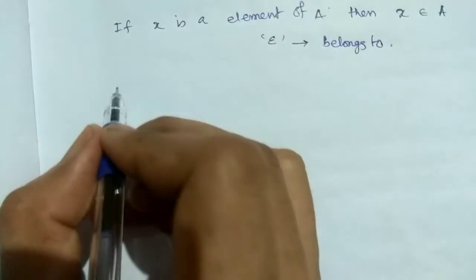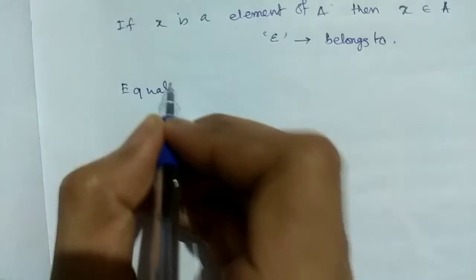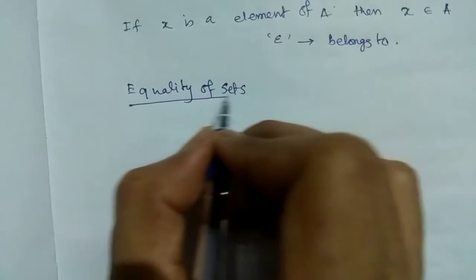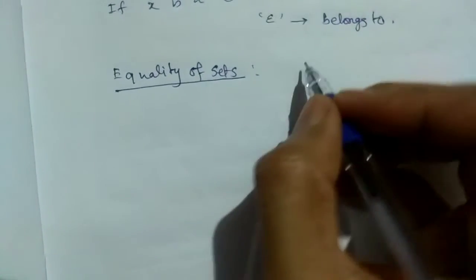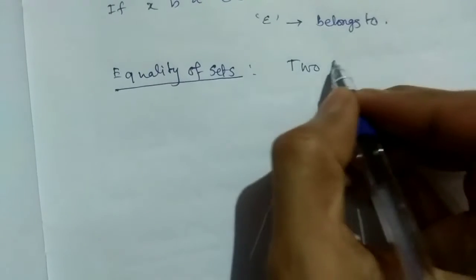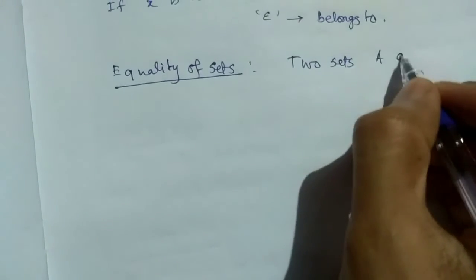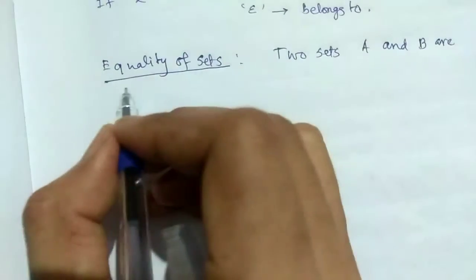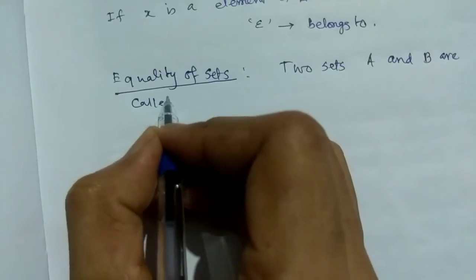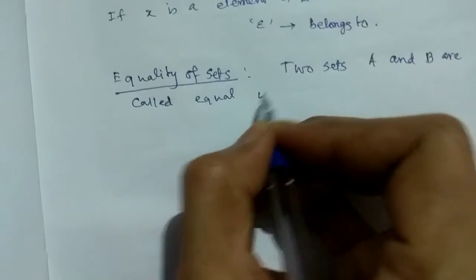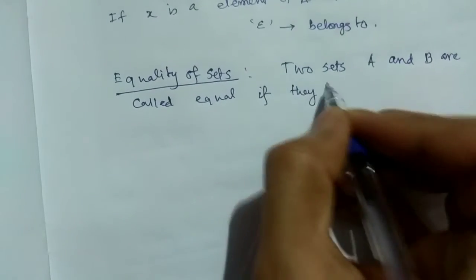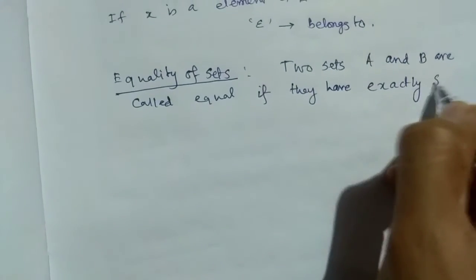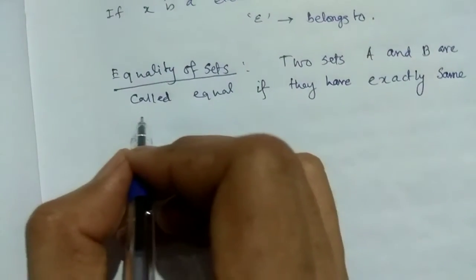Now we define equality of sets. Two sets A and B are called equal if they have exactly the same elements.